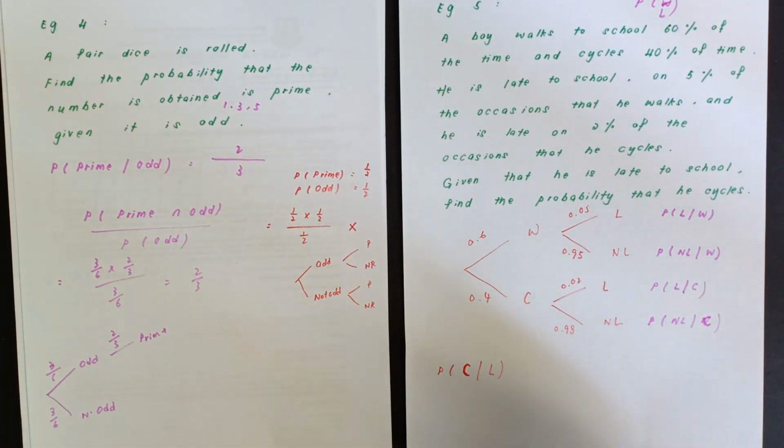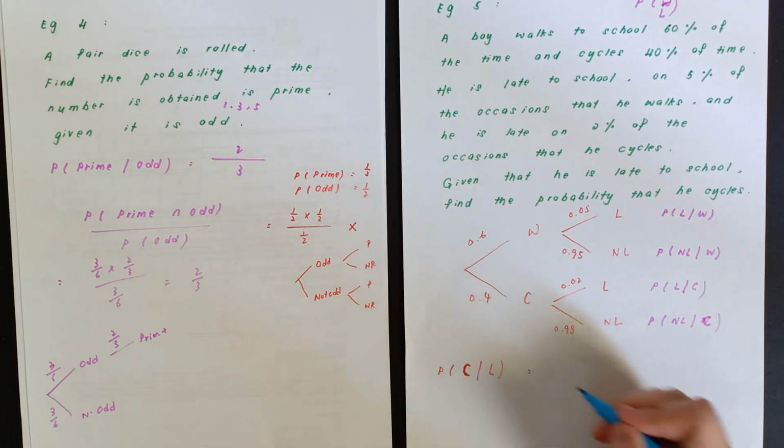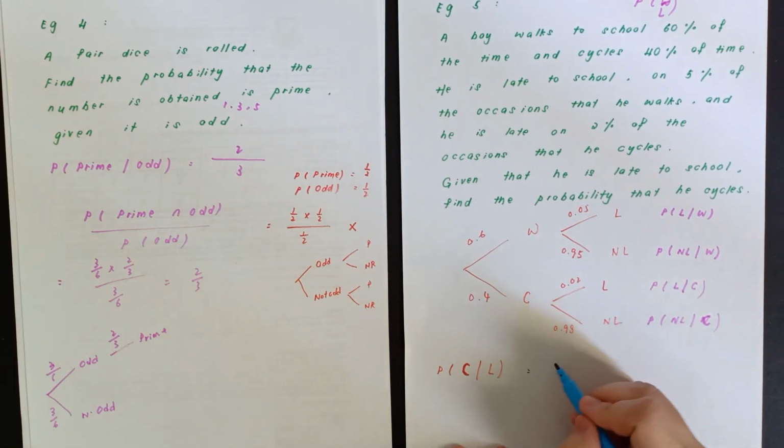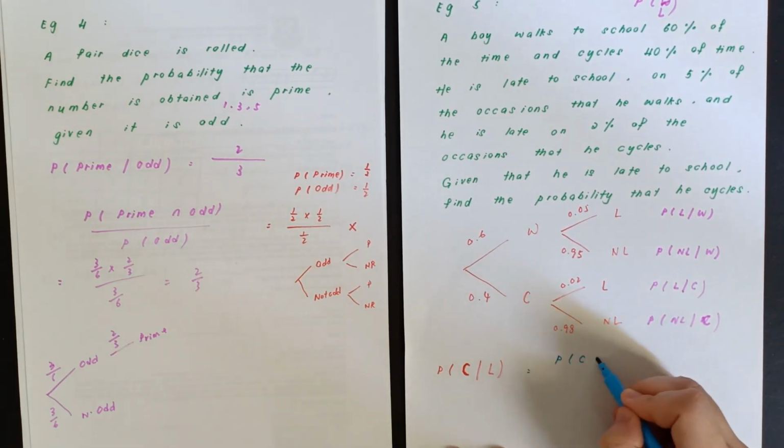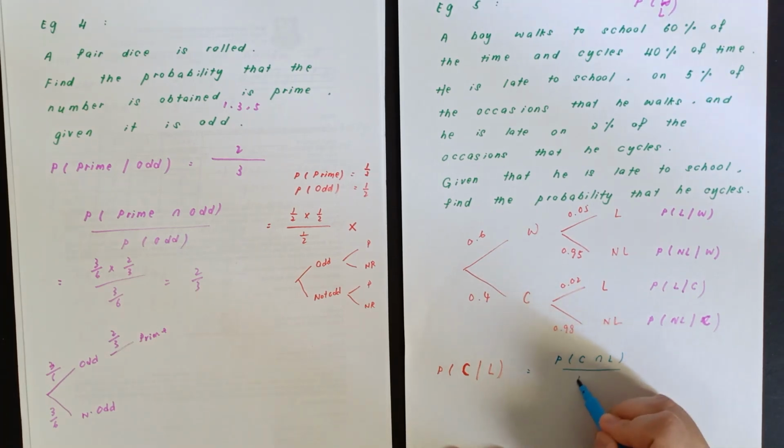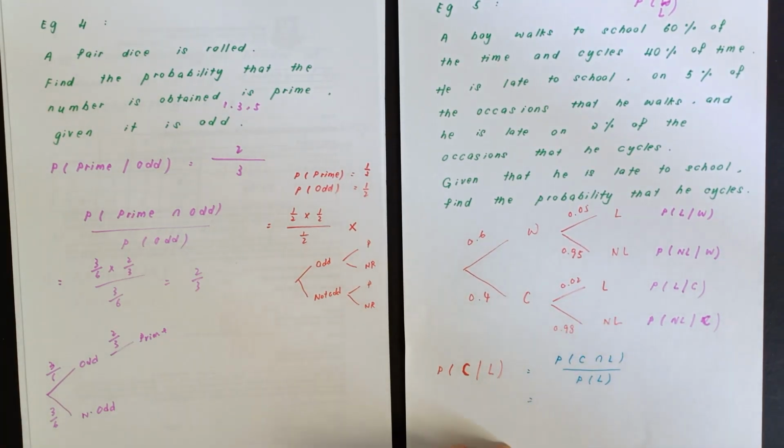Okay, then after that you will try to do like this. Correct? So you still remember how you find the probability that he is late, then you will need to find out all the probabilities that he is late, right?